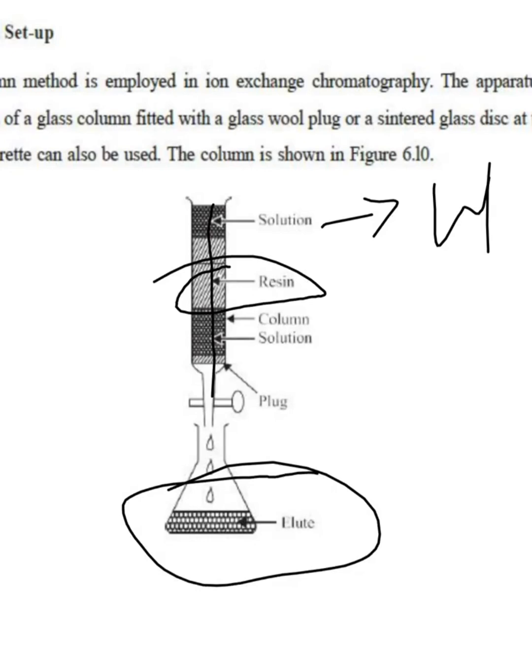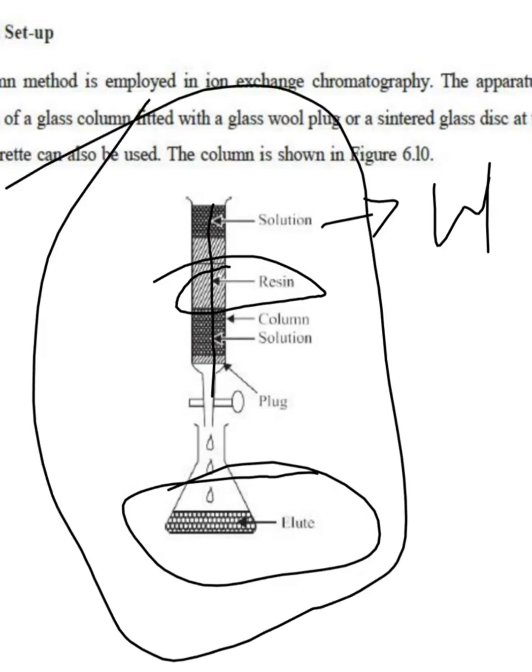The basic principle is that the ions, whether cation or anion, get exchanged with the resin, so it mainly depends on the sample you are going to use for the separation of the ions. So this is the experimental setup.